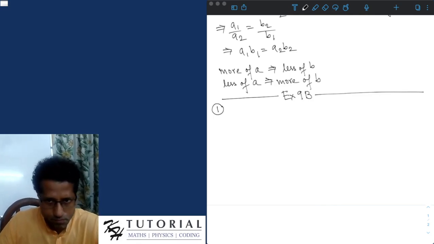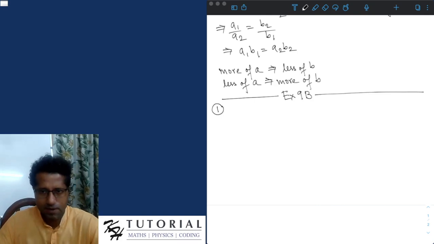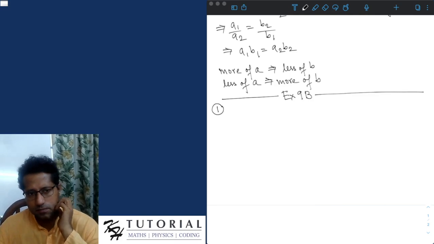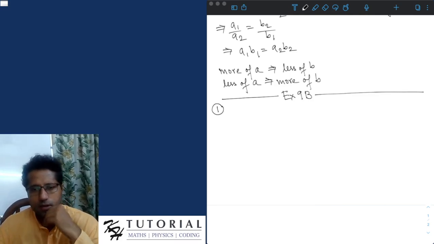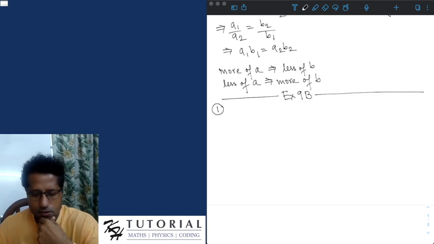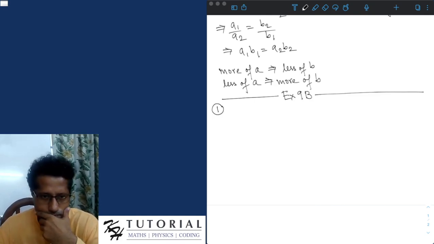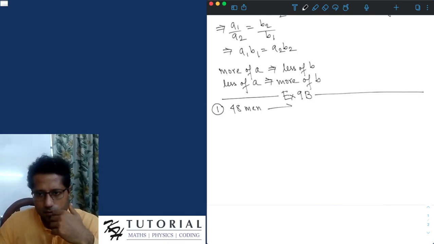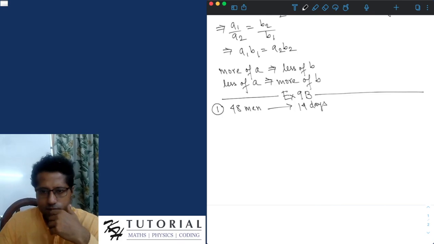As I have explained as an example, the number of men and the number of days to dig a similar trench, these two quantities vary inversely. So it is given that 48 men take 14 days to dig a trench. It is asking how long will 28 men take to dig a similar trench.